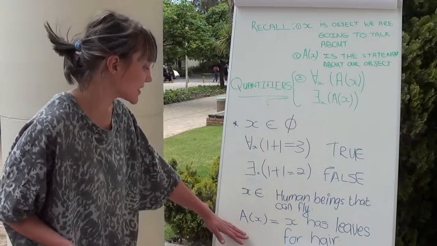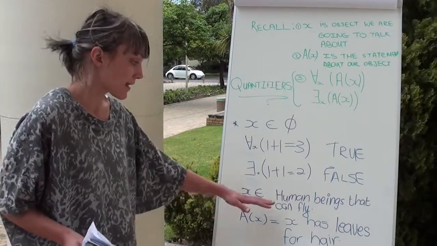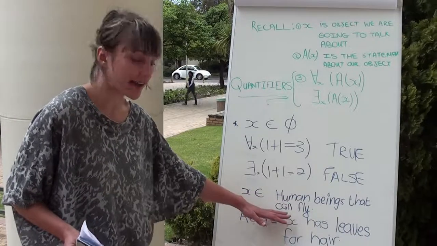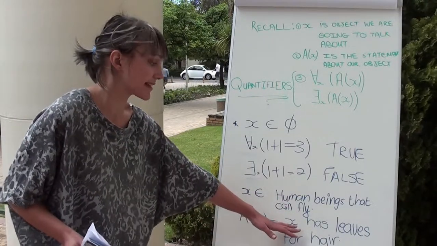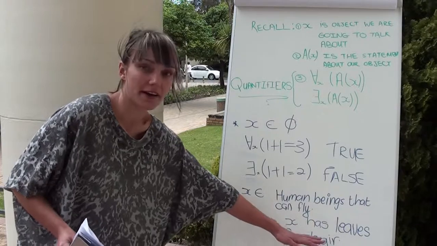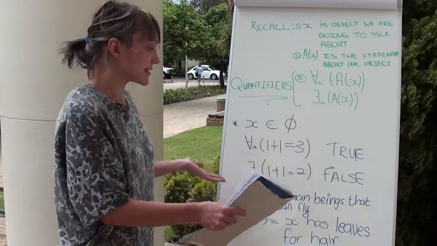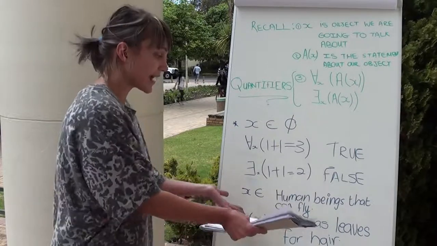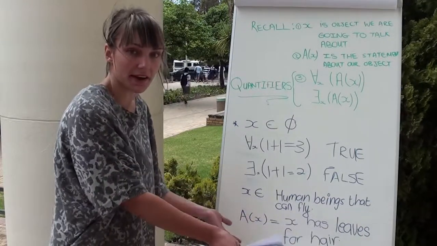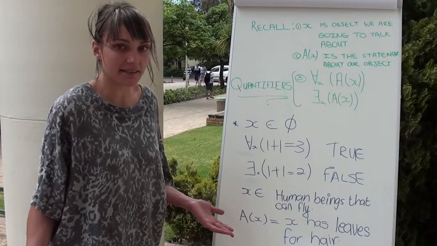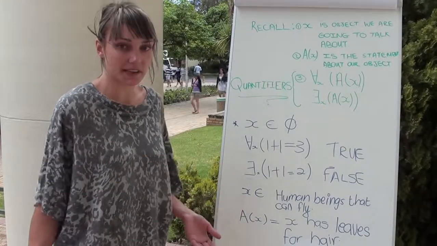Because when I say for all human beings that can fly, all human beings that can fly have leaves for hair, that's saying if there are human beings that can fly, then that human being would have leaves for hair. But you cannot find human beings that can fly, so you are speaking the truth.